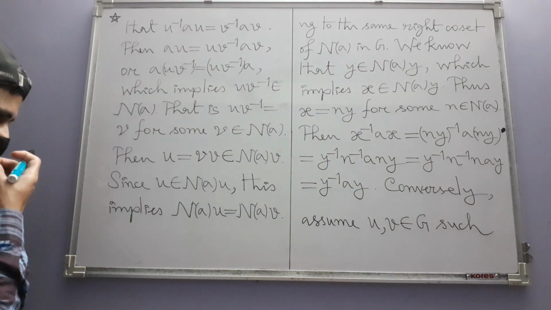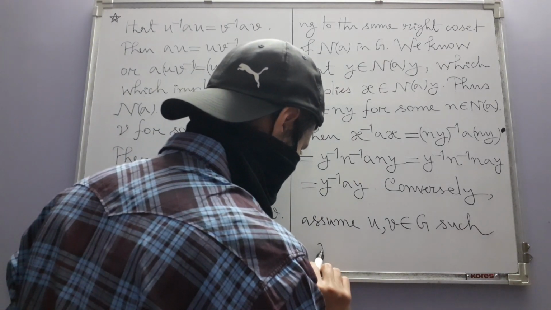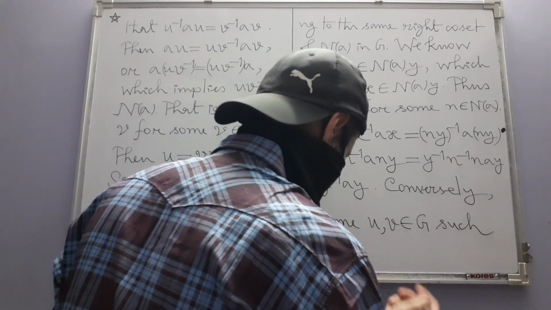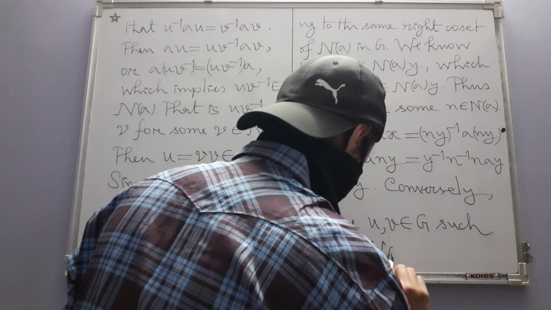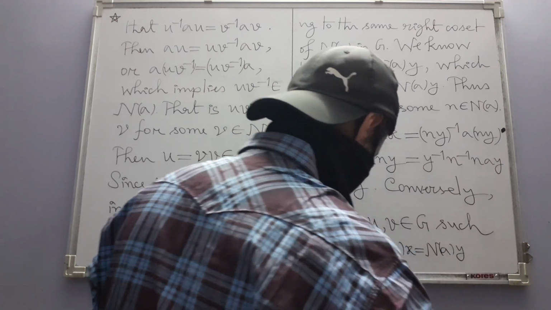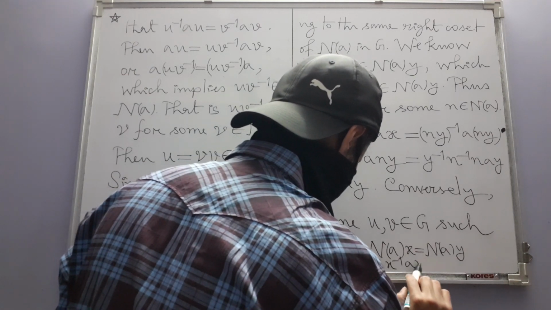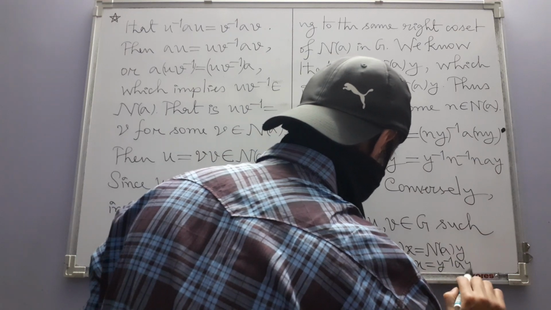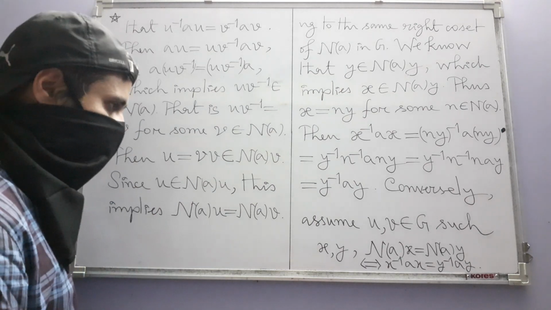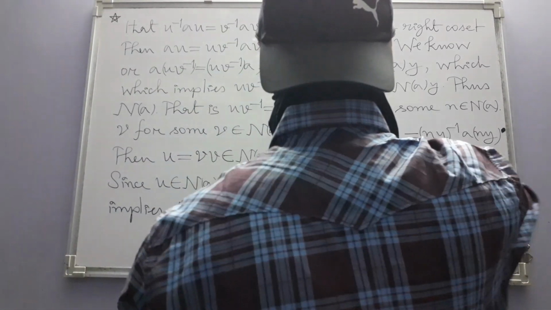So what we have shown is this: if you have two elements X and Y in G, then NAX is equal to NAY if and only if X inverse AX is equal to Y inverse AY. This is what we have been able to show.